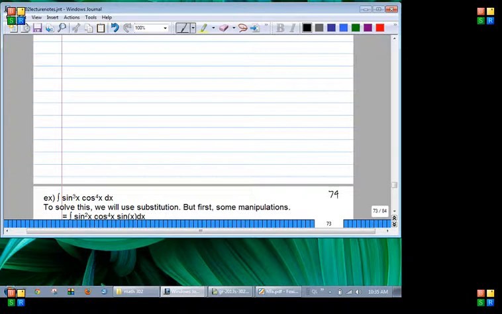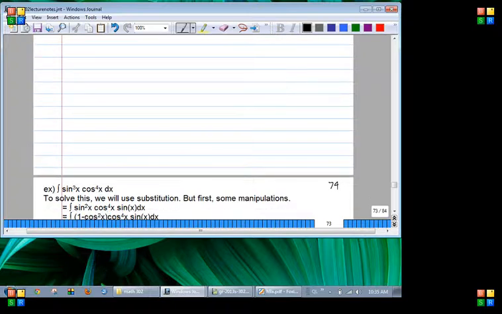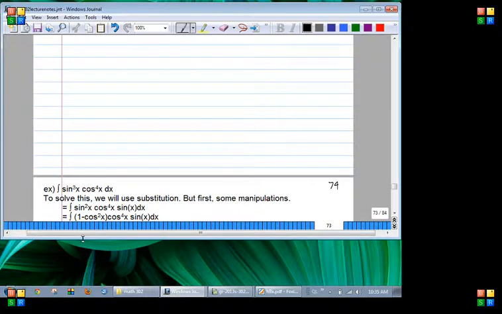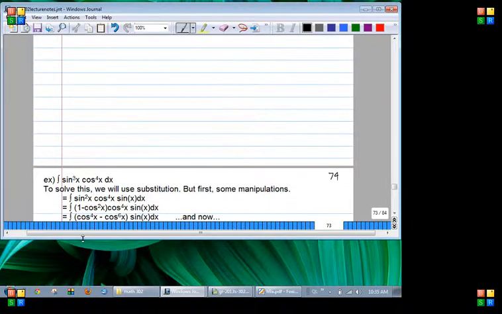I pulled out one of the sine x factors, and I put it at the end. Next, I take that sine squared x, and I rewrite it as 1 minus cos squared x. Next, distribute. So you wind up with cos to the fourth x minus cos to the sixth x times sine x dx.